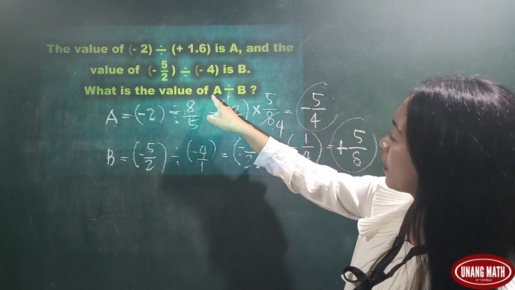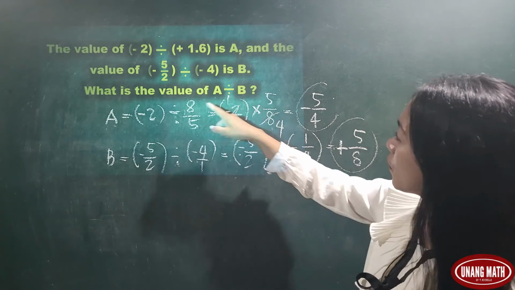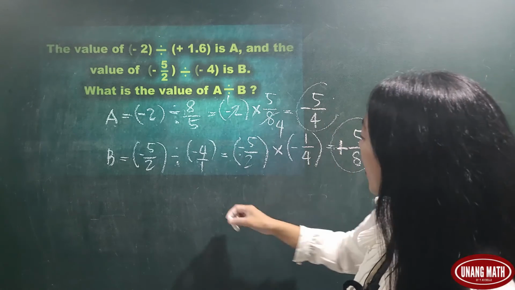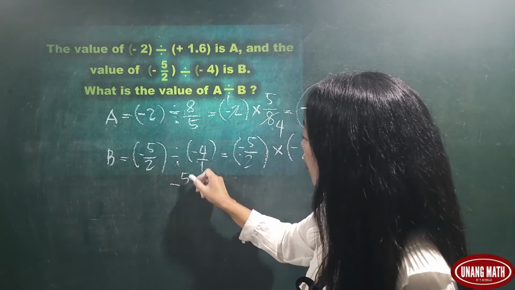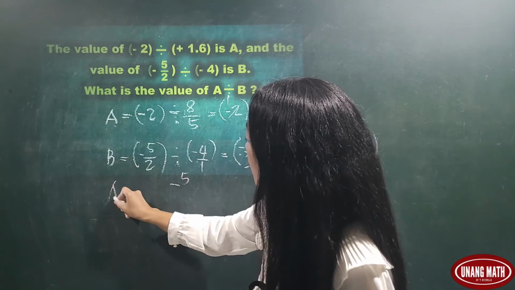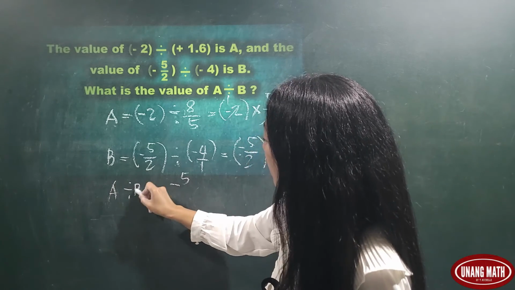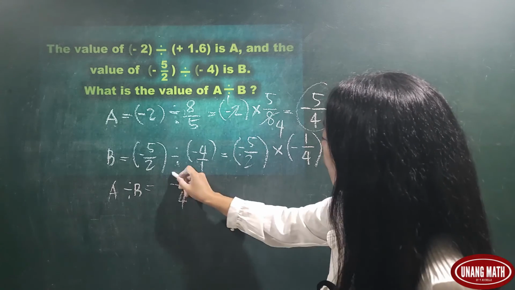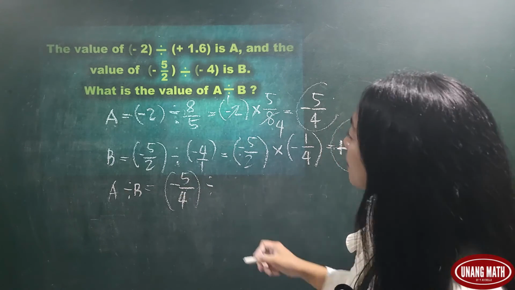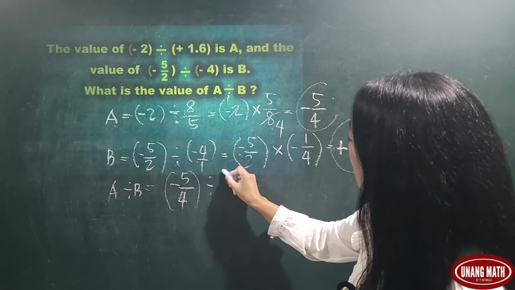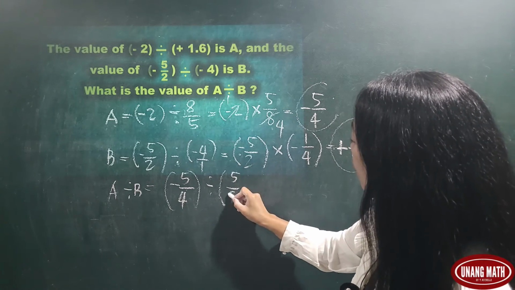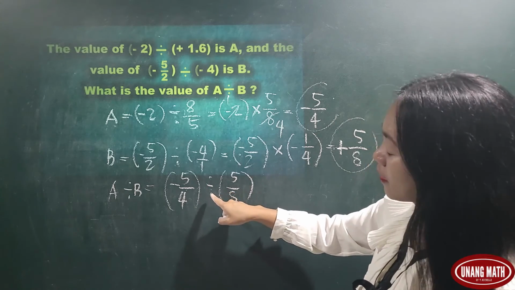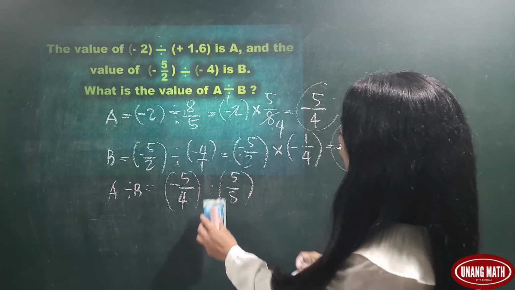Now that we know the value of A and B, we can now find the value of A divided by B. So we have here negative 5 over 4 divided by B, positive 5 over 8. Apply multiplying by the reciprocal. Division sign becomes multiplication.